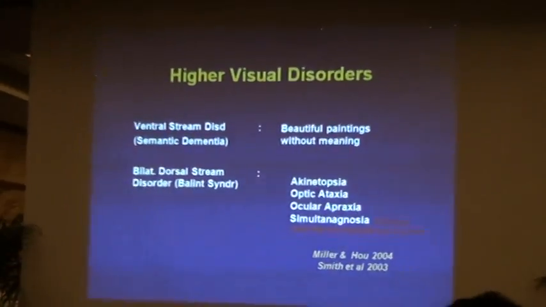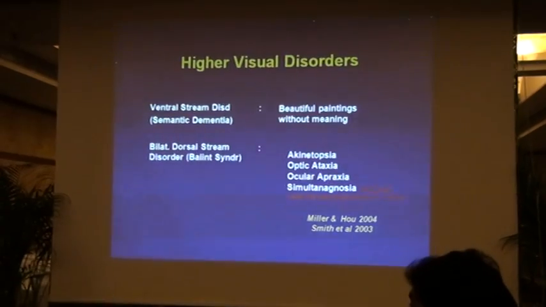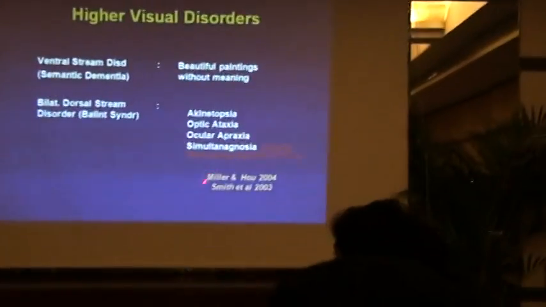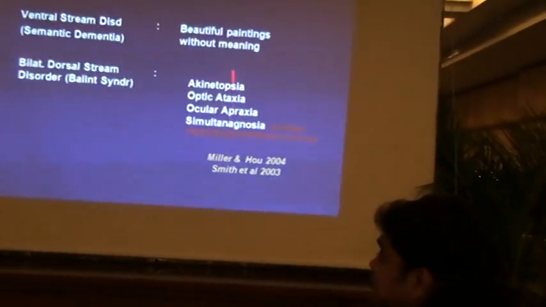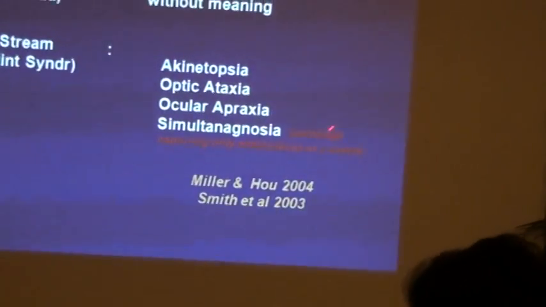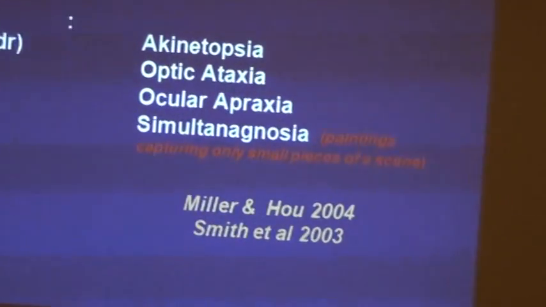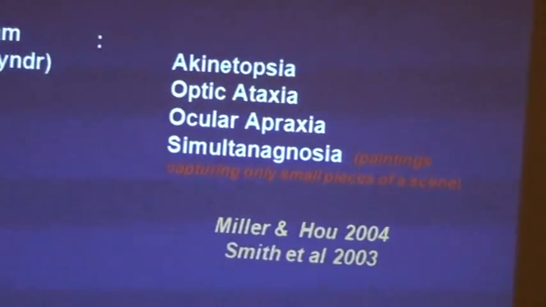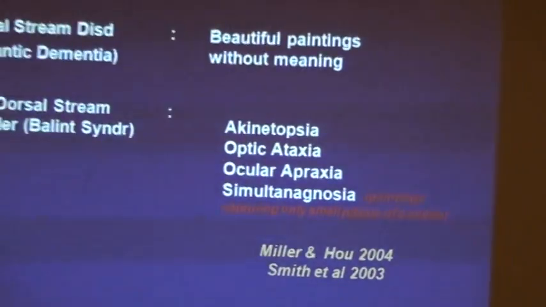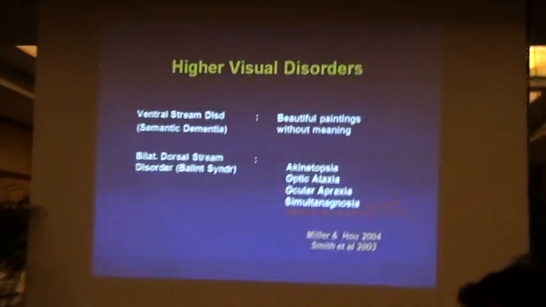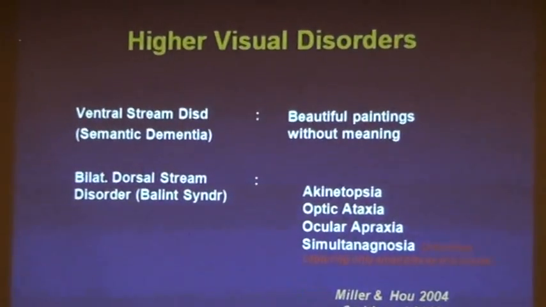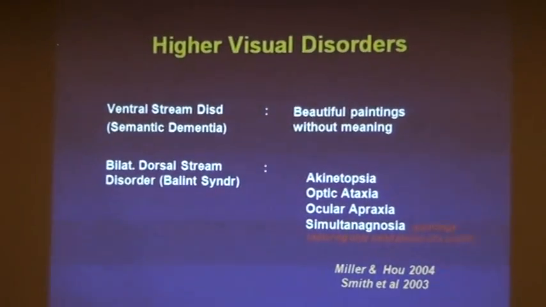I can't paint the whole thing. Such an artist has been described with multiple strokes by Smith and others, again from Bruce Miller's department, who had paintings capturing only small pieces of the scene. He could not grasp the whole visual scene which was presented to him. So these disorders are not just theoretical, they have definite clinical importance.